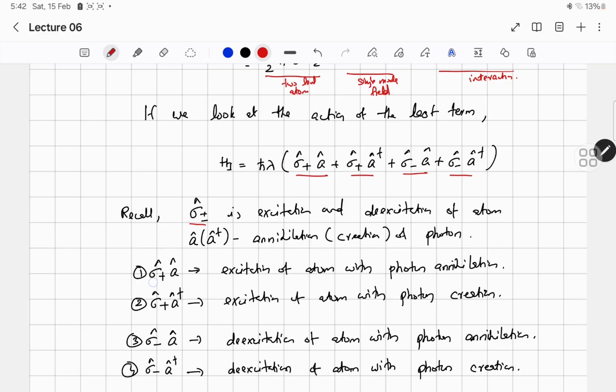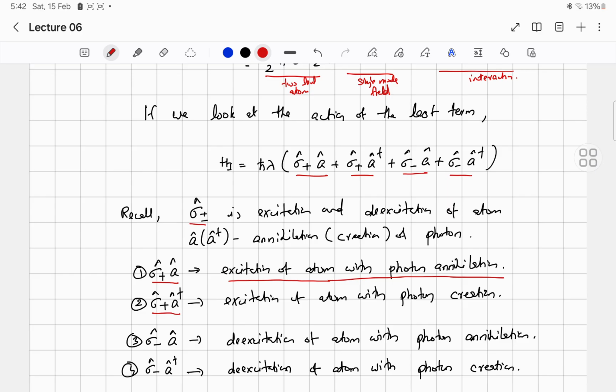Okay, so then we can look at the meaning of the combined terms. If you look at sigma plus a, sigma plus corresponds to excitation and a corresponds to annihilation. So sigma plus a means the excitation of the atom with photon annihilation. We can excite the atom by removing a photon. And what is the meaning of sigma plus a dagger? It is excitation of the atom with photon creation.